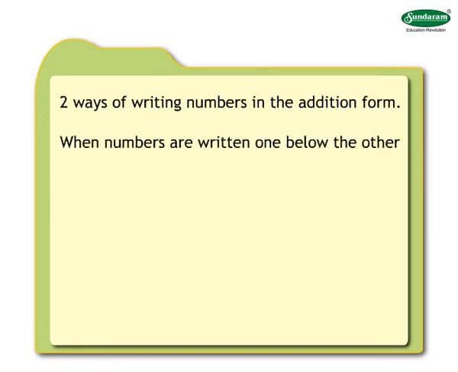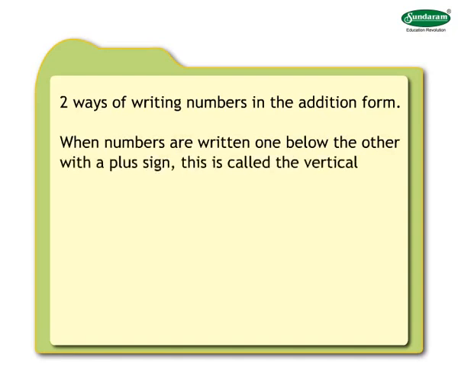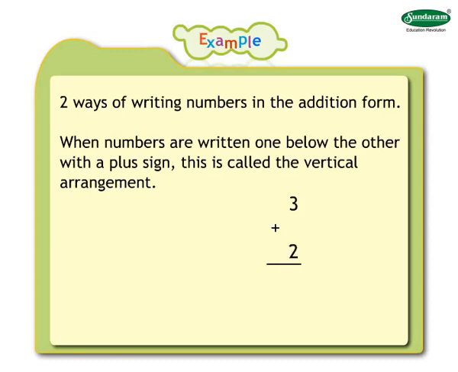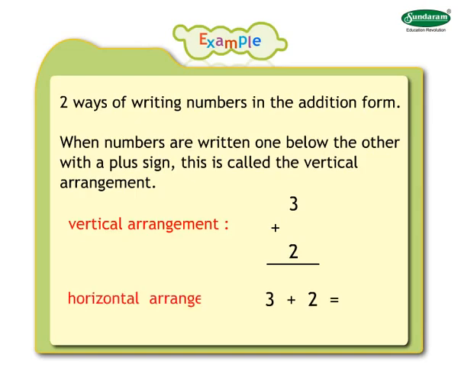When numbers are written one below the other with a plus sign, this is called the vertical arrangement. For example, 3 plus 2 can be written in vertical arrangement. When numbers are written side by side with a plus sign in between, this arrangement is called horizontal arrangement.